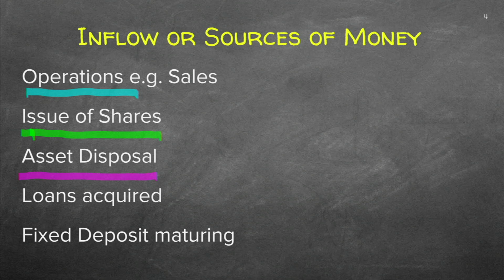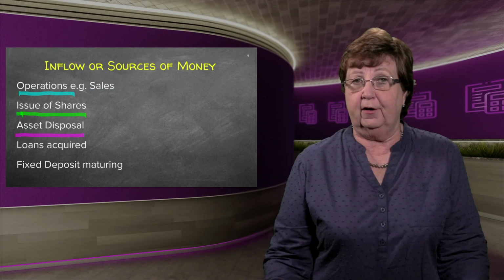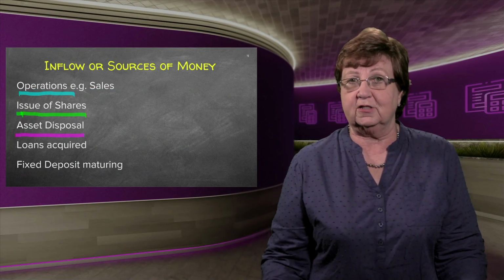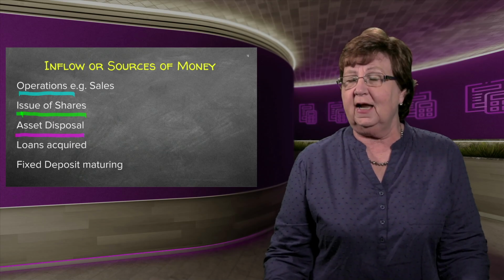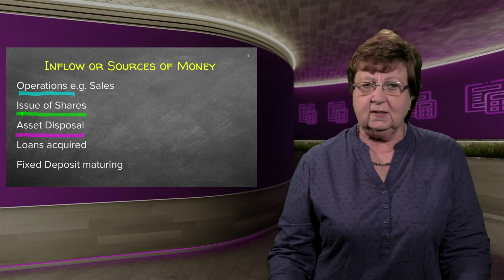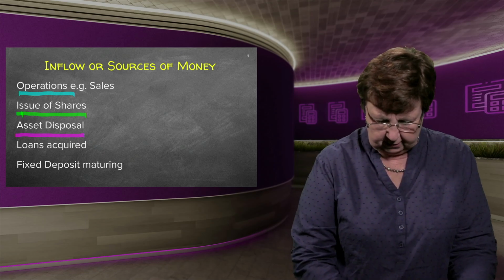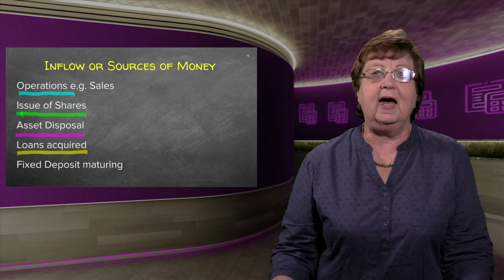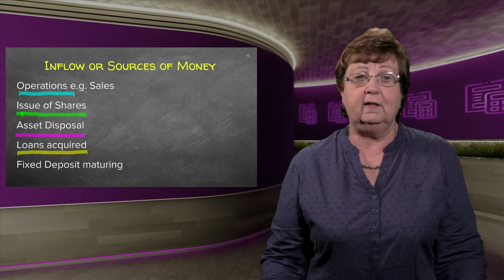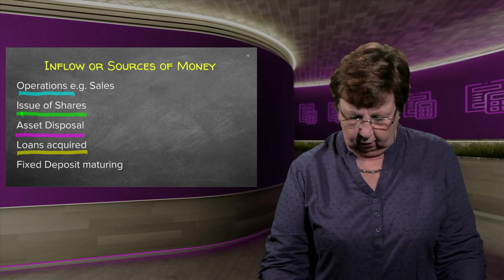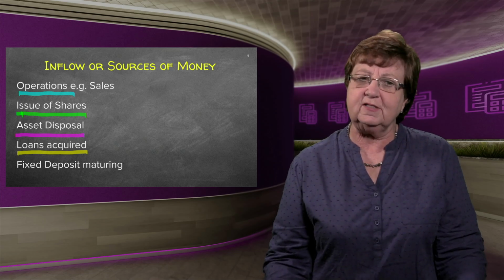When we sell any of our assets, money flows into the business in some form or another. When we have applied for a loan and the loan has been granted to the business, the financial institution will deposit money into the business's bank account, and that we call loans acquired or loans that we have received.